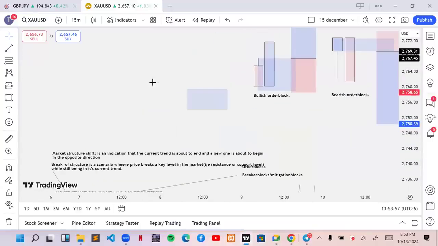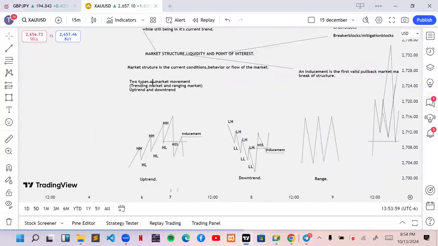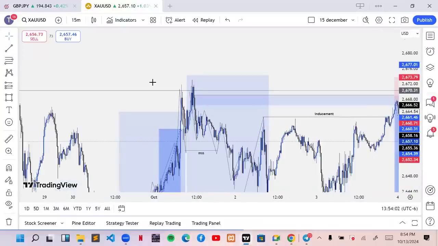Now we start to implement it on the chart. So let me go to one setup of that.